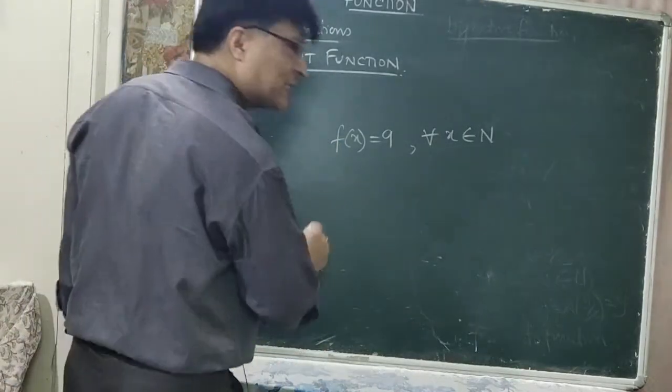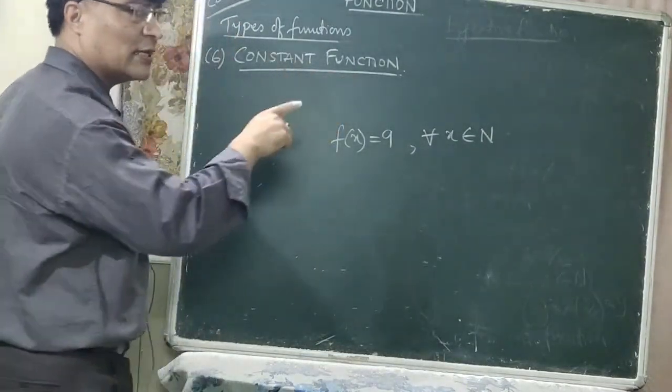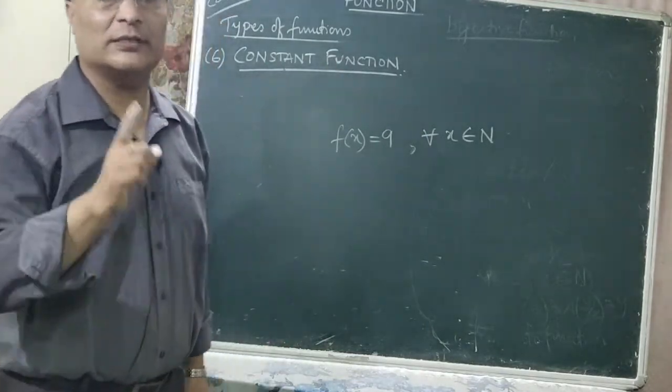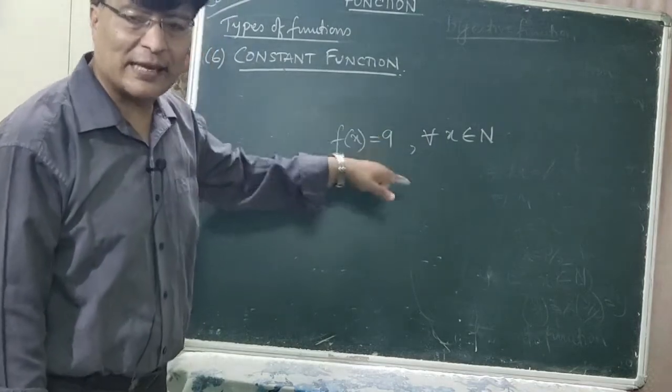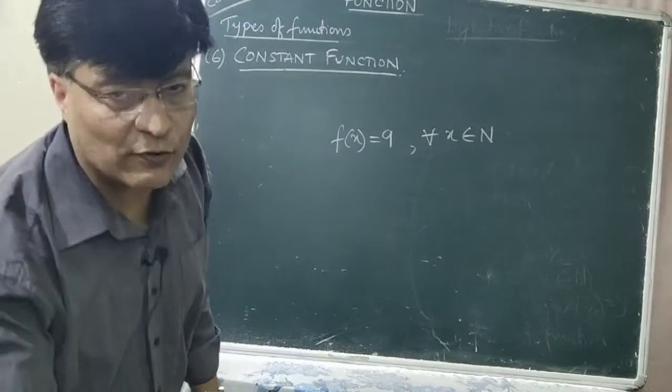So in this case, a function f from A to B is said to be a constant function if every element in the set A has the same image in the set B. That is known as a constant function.